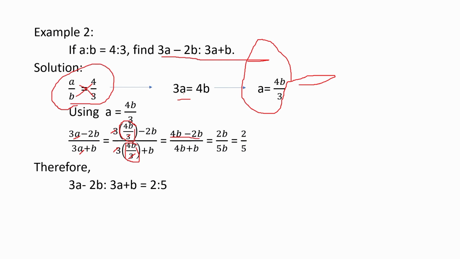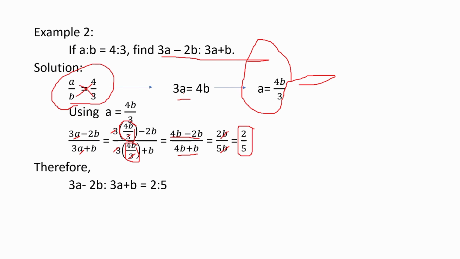And in the denominator, what's left is 4b plus b. If we simplify 4b minus 2b, we have 2b. And 4b plus b, we have 5b. And since we have a common variable, which is b, we can divide b by b, which is equal to 1, or we can cancel that b. So what will remain here is 2 over 5.